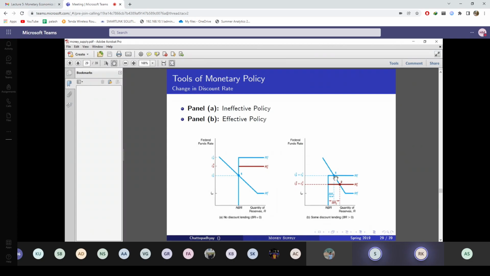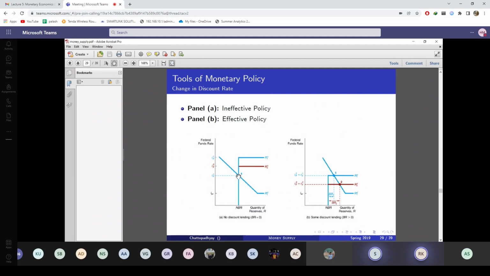When the equilibrium was at point A, my borrowed reserves was BR1, the blue one. When my interest rate is IFF2 equal to ID2, my borrowed reserves rise. So high powered money rises, money supply rises. And since the interest rate goes down, it increases investment and increases output. So this part is completely effective over here.